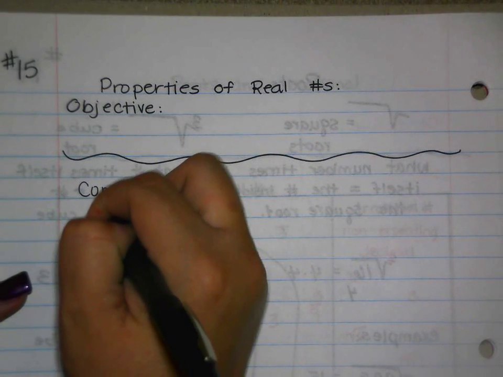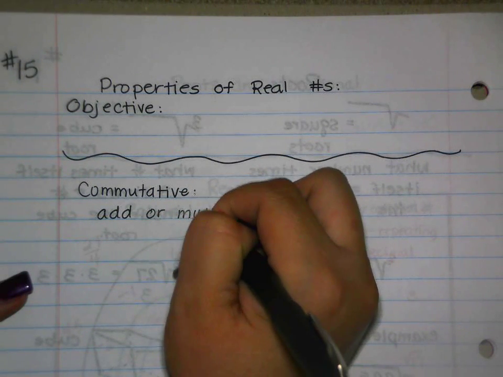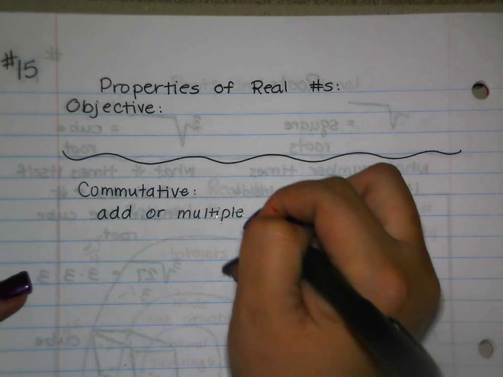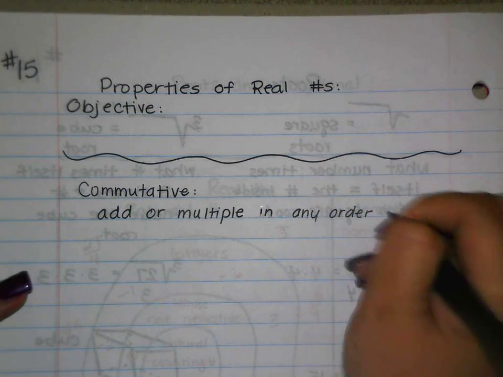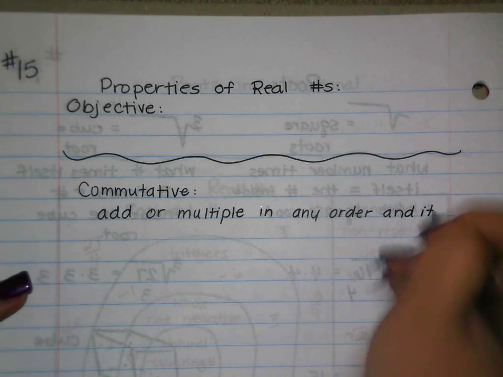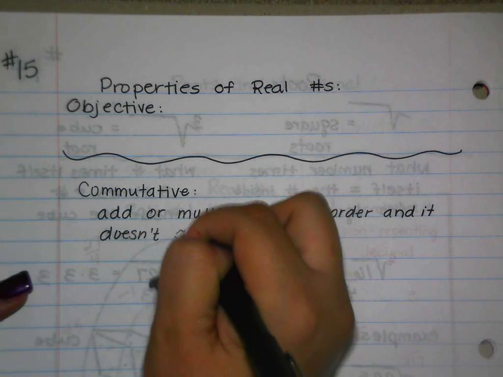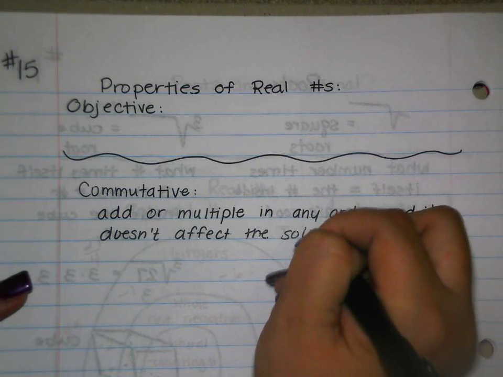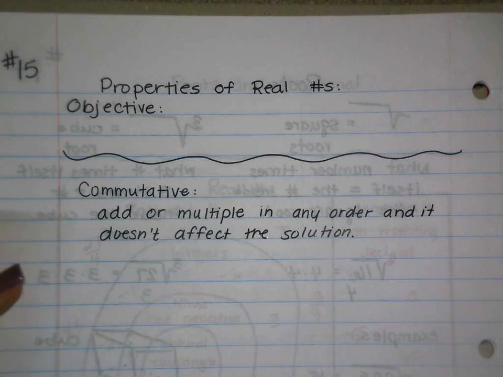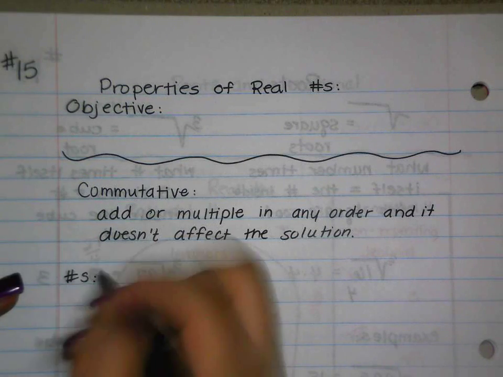The official definition is going to say that we add or multiply in any order, and it doesn't affect the solution. I'm going to show you that numerically, and then I'm going to show it to you algebraically. When I ask for an example in that project, I'm going to ask for a numeric example.